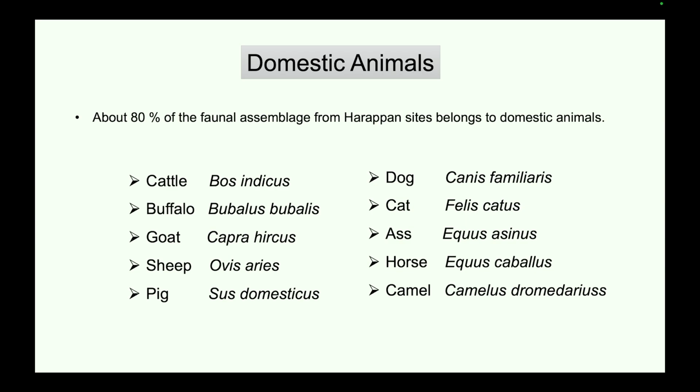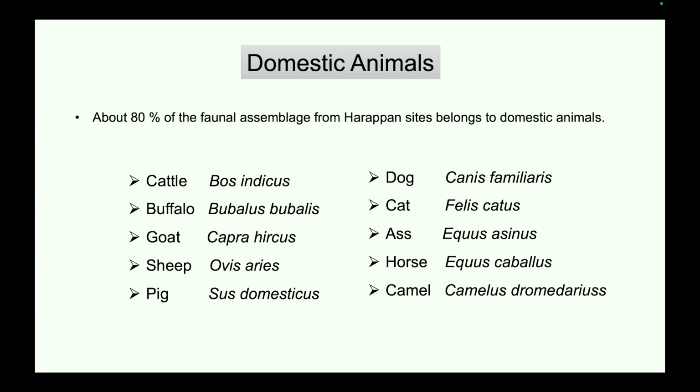A few examples with their scientific names: cattle, Bos indicus; buffalo, Bubalus bubalis; goat, Capra hircus; sheep, Ovis aries; pig, Sus domesticus; dog, Canis familiaris; cat, Felis catus; ass, Equus asinus; horse, Equus caballus, but it is in controversy as well; camel, Camelus dromedarius.